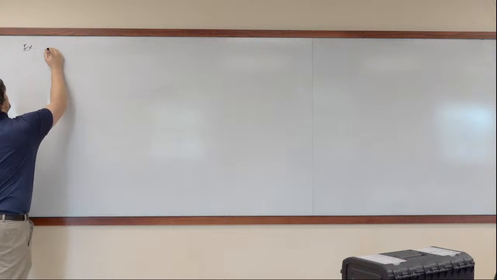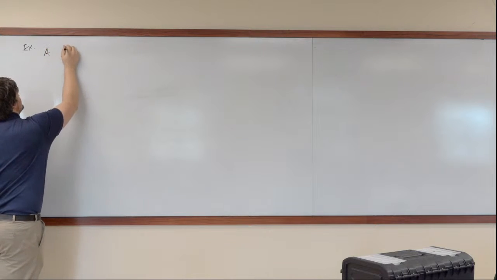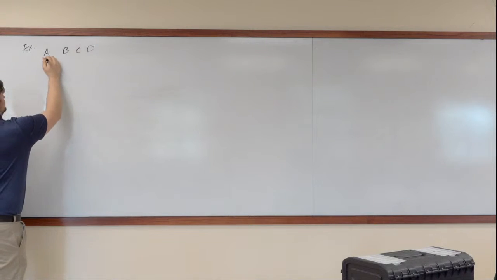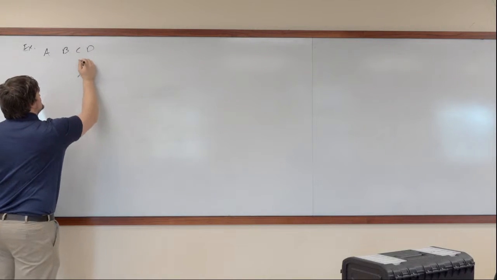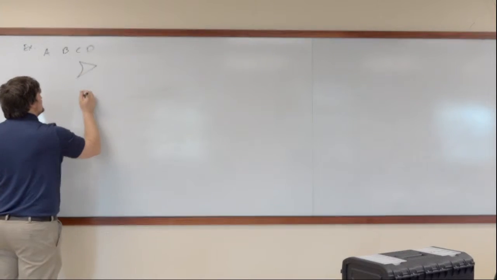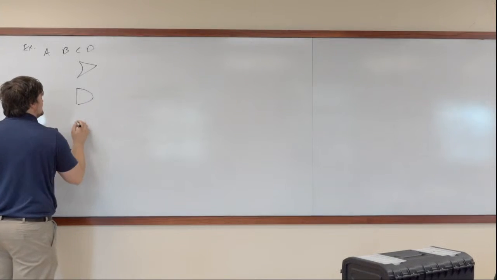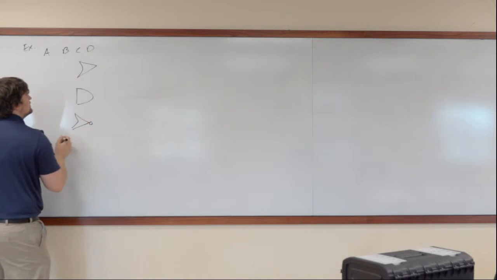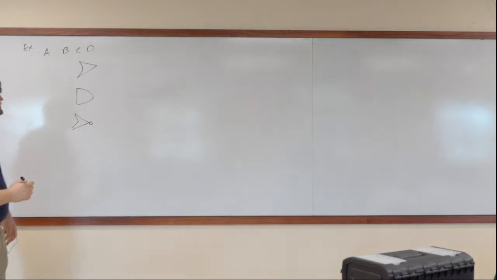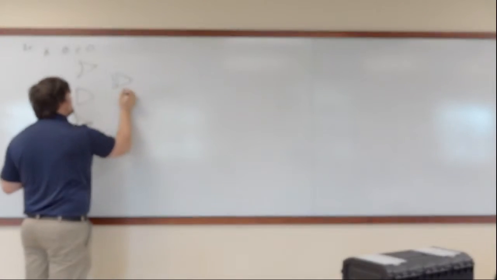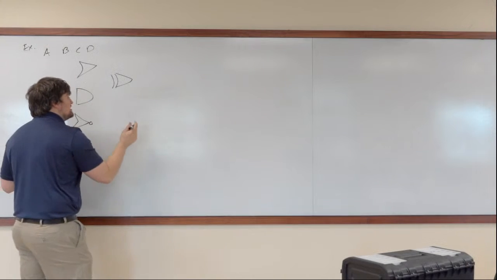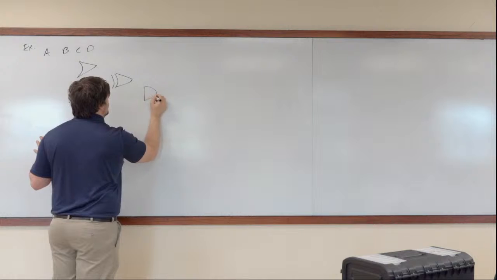Our example will have A, B, C, and D. We'll have an OR statement, an AND statement, a NOR statement, and then we'll have an XOR statement. That'll be fun.